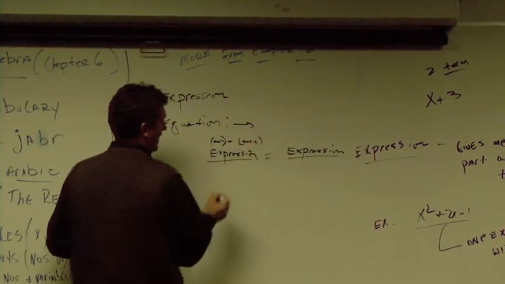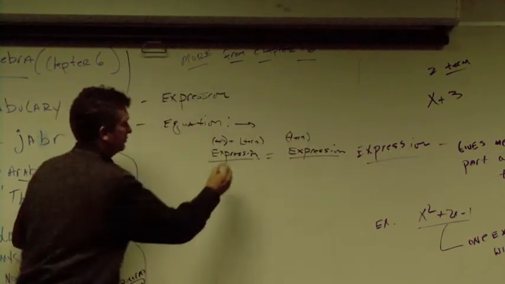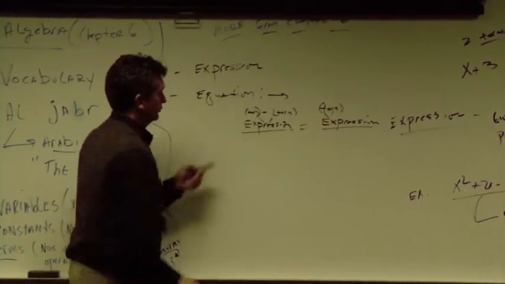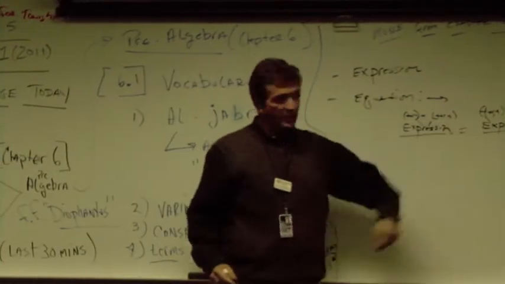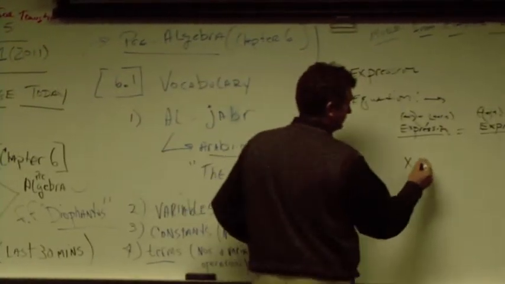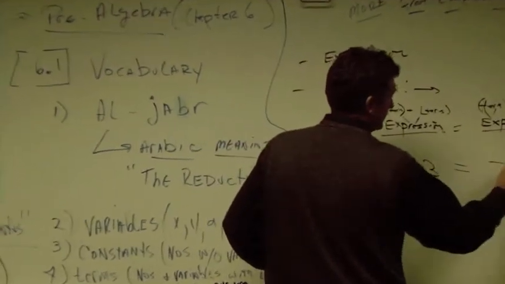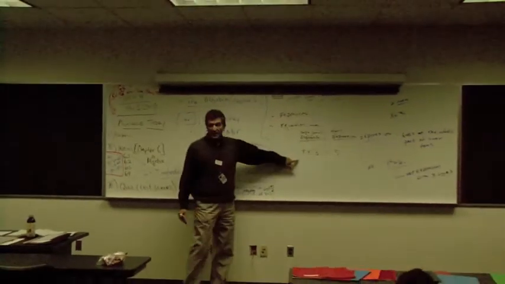So this is a little picture graph for you. In the expression there could be two terms on one side and another term on the other. An example would be x plus 3 equals 5. This is an equation.